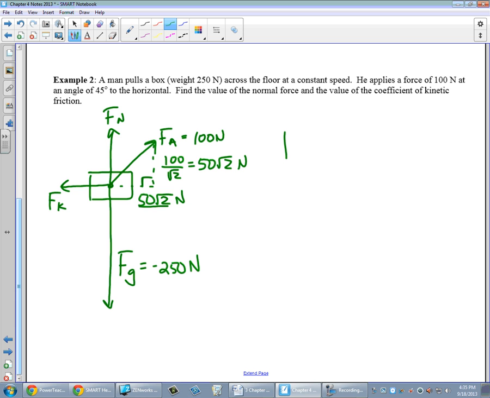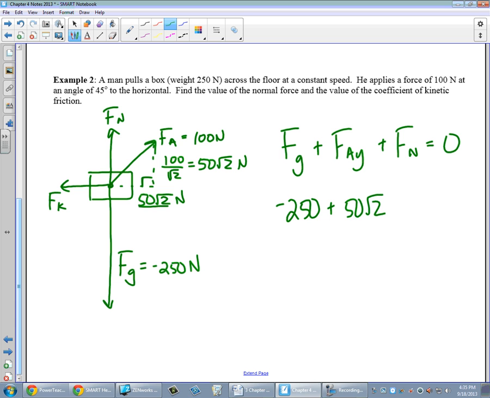So again, to find the normal force, I'll look at the vertical forces: Fg, Fay, and Fn. Fg is negative 250, Fay is 50 times the square root of 2, and Fn is my unknown.